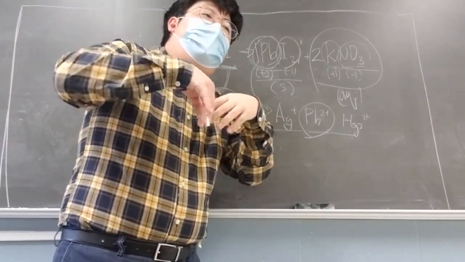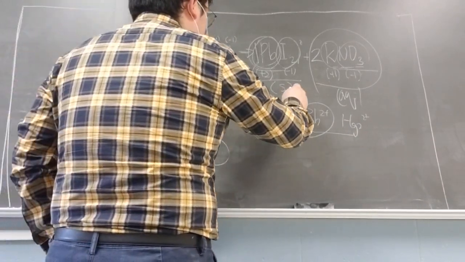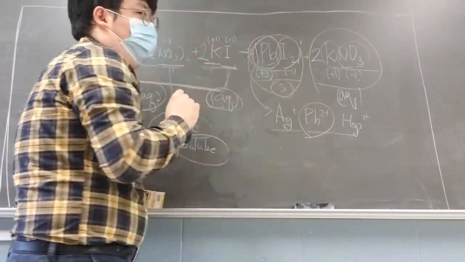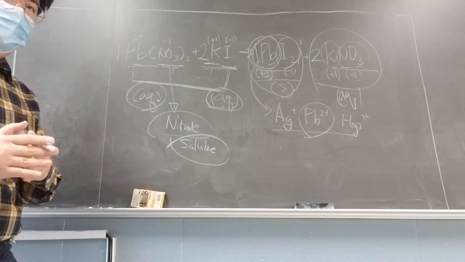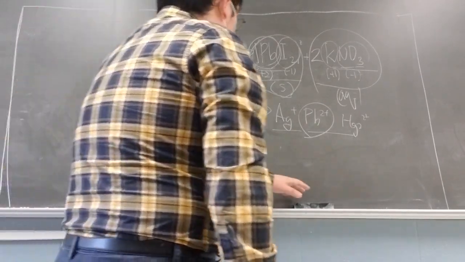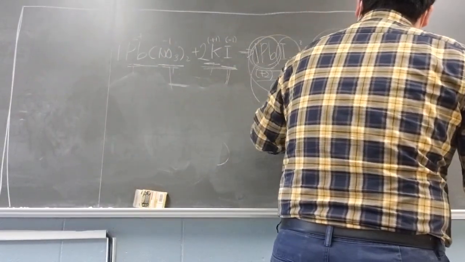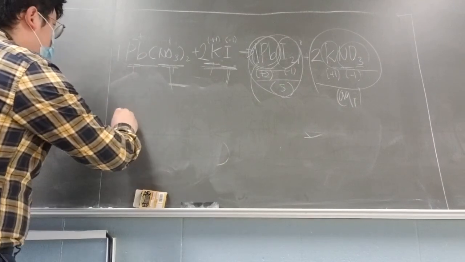So they will actually come out from the mixture. So this is why you're going to see this precipitate, and this process is what we call precipitation. So if you write this one again in ionic equations, what happened to this one is actually this one.